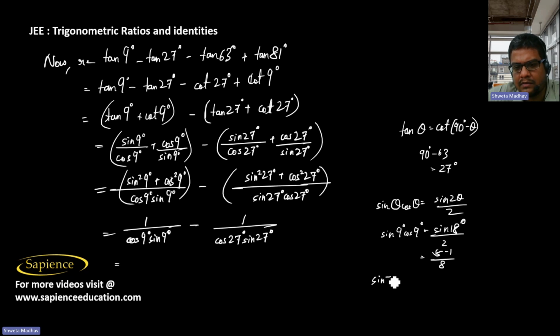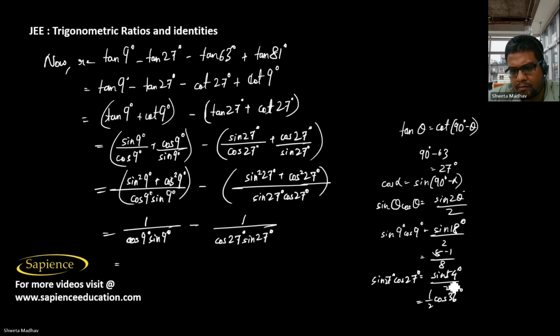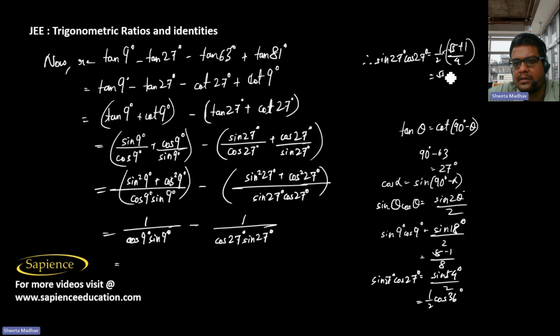And similarly, sine 27 degree into cos 27 degree will be equal to sine 54 degree by 2, which is equal to 1 by 2 into cos 36 degree. Since we know that cos alpha is equal to sine 90 minus alpha, so 90 minus 54 is obviously 36. So therefore sine 27 degree into cos 27 degree is half into root 5 plus 1 by 4, which is equal to root 5 plus 1 by 8.